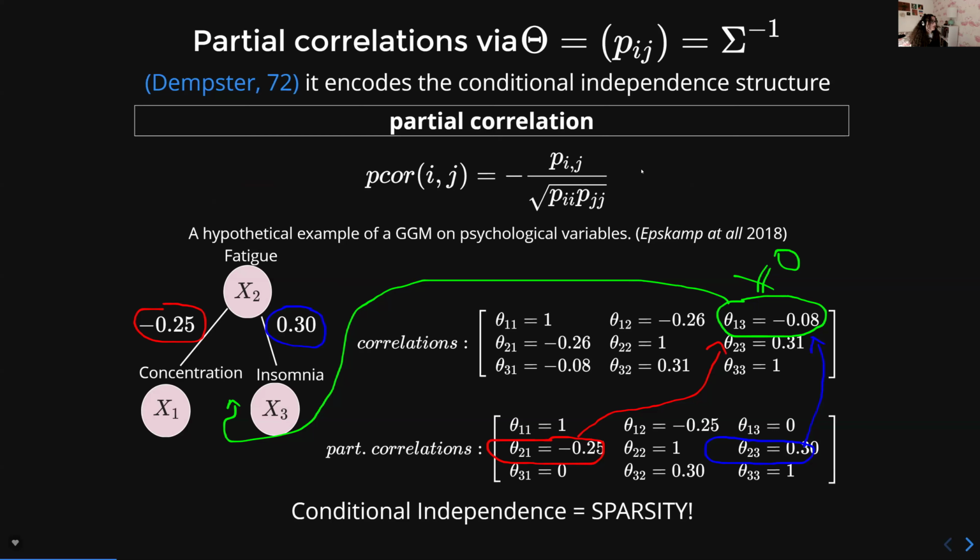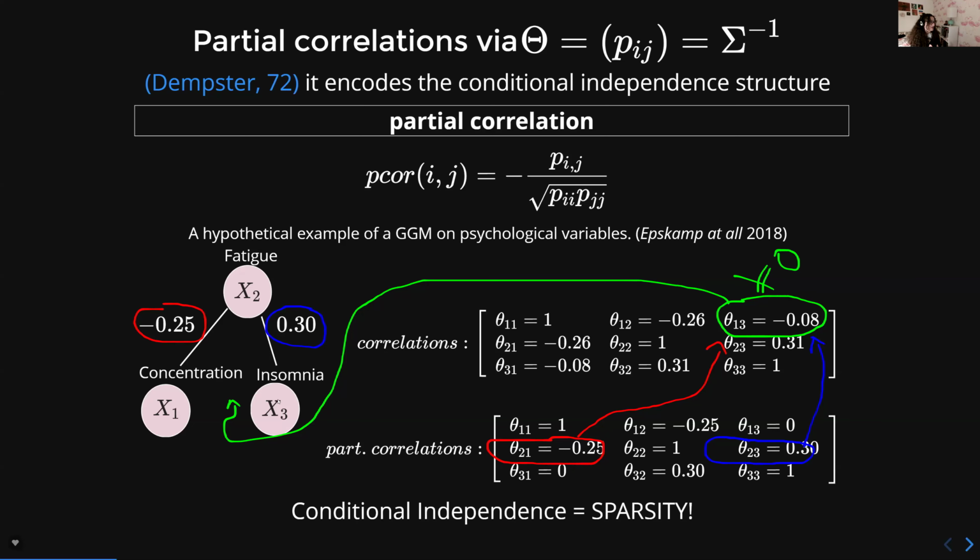So this is another example, and if you heard about partial correlation that was introduced by Dempsey, it's a similar concept that they also explained starting from the precision matrix. So it's a more standardized version, let's say, of that. And in this example, a hypothetical example derived with the GmGM on psychological variables, the fatigue is causing insomnia, and the fatigue is causing concentration problems, but then the correlation will measure a correlation between concentration and insomnia, but actually this isn't what we're after.